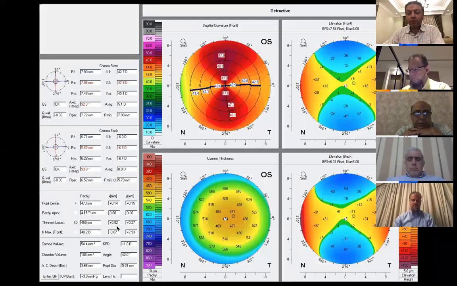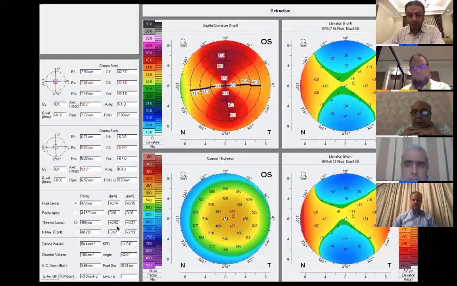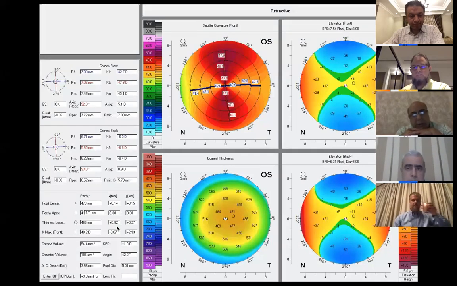For LASIK, in a patient with a thinnest location of 470 or 480, I will not make a flap in a case like that. Good. Because I don't like to make a flap for a cornea less than 500. We may think of surface ablation.